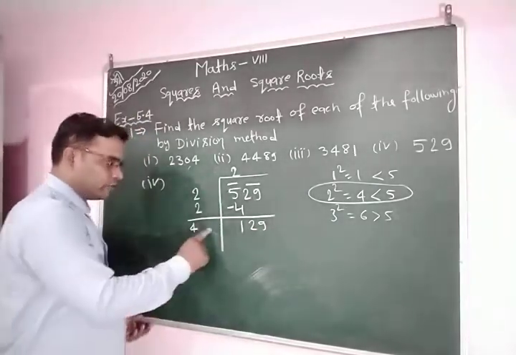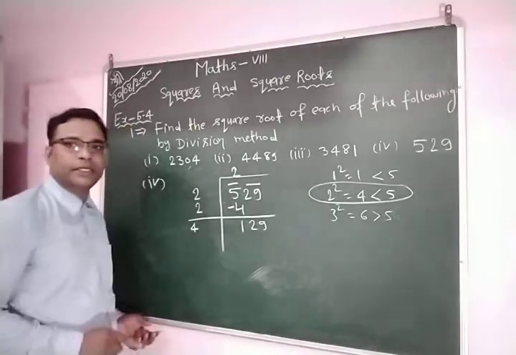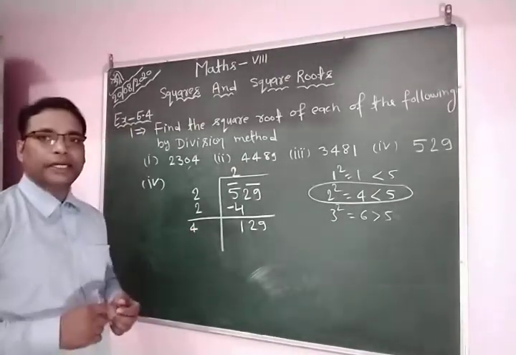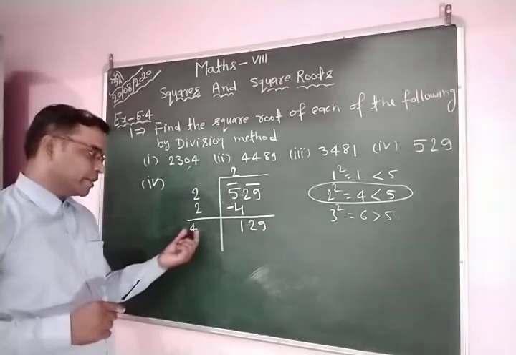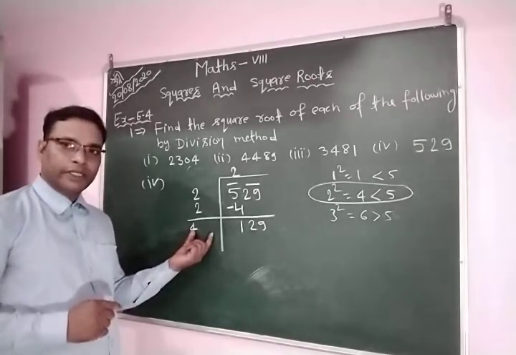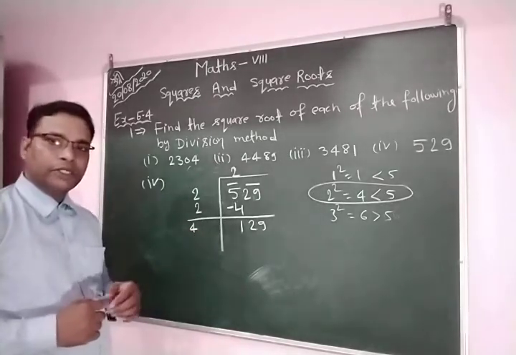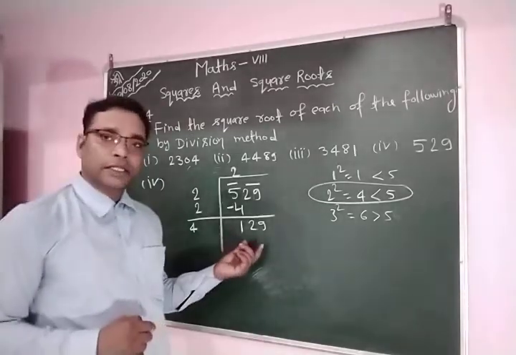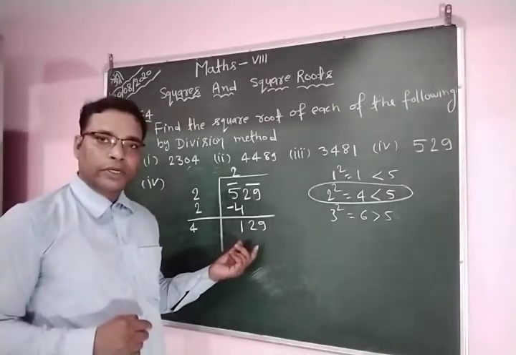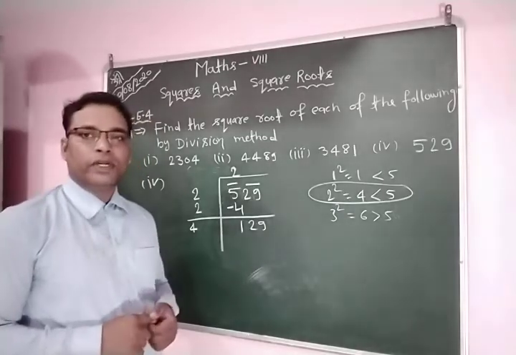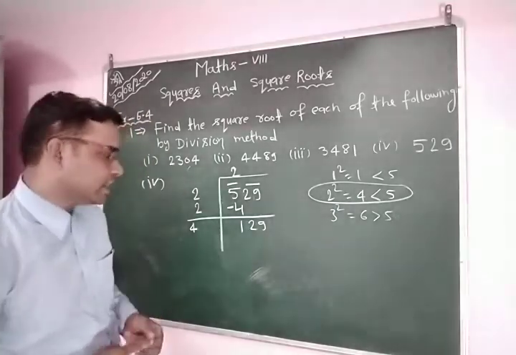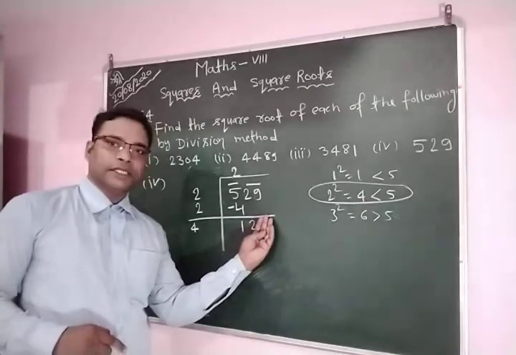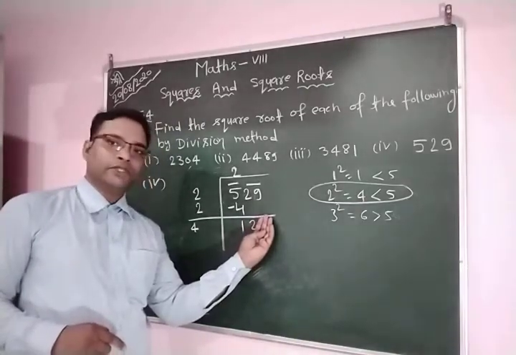Here you put one place for a number that becomes part of the new divisor, and if we multiply that number by the new divisor, we obtain a value less than or equal to 129. So how do we select? If we hide the last digit, we obtain 12.